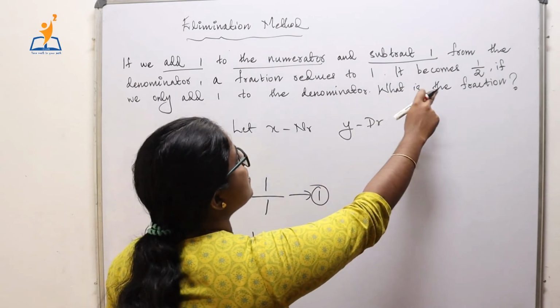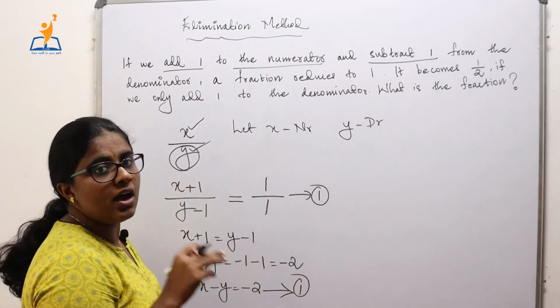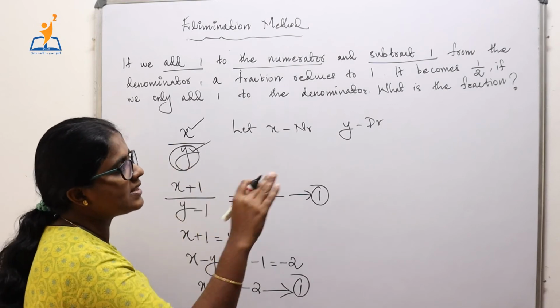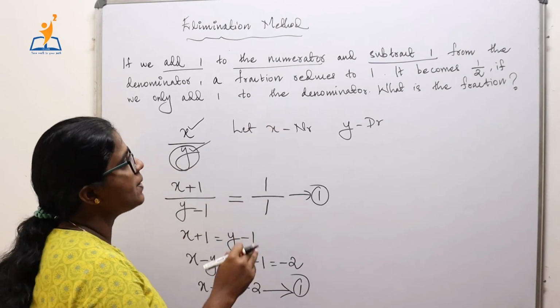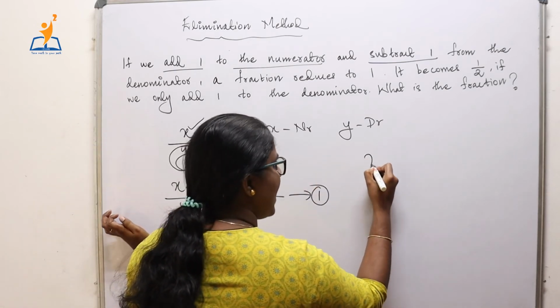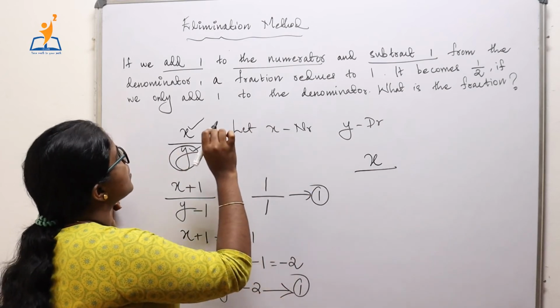The fraction will become 1 by 2 if we only add 1 to the denominator. We have to add 1 to the denominator, then the fraction will become 1 by 2. That is, the numerator remains the same, x only. Now, what is done with the denominator?